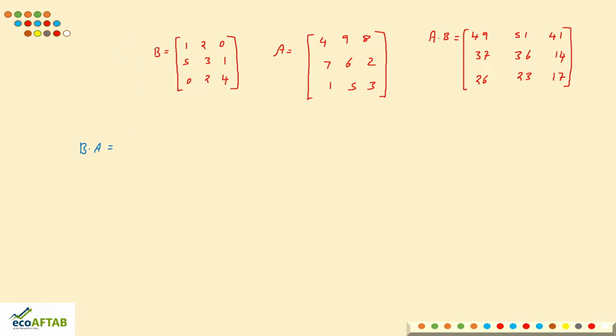So now I hope till now you're perfect. I'm going to take this row and multiply with all the columns. So the first is 1 multiplied by 4 plus 2 multiplied by 7 plus 0 multiplied by 1. Similarly, I'm going to take the first row and multiply with the second column. 1 multiplied by 9 plus 2 multiplied by 6 plus 0 multiplied by 5.